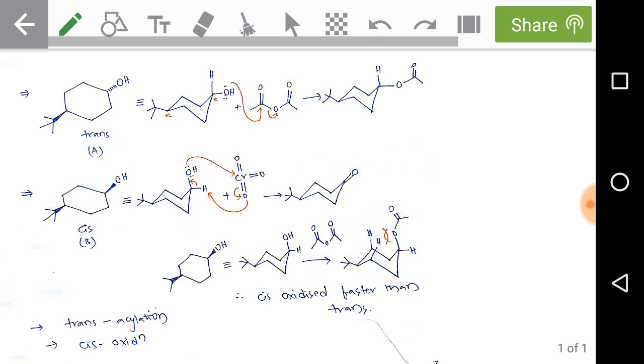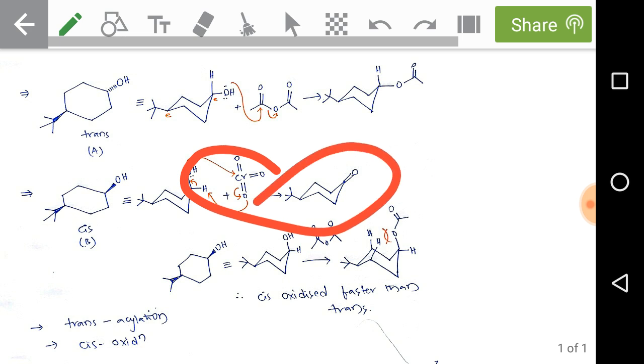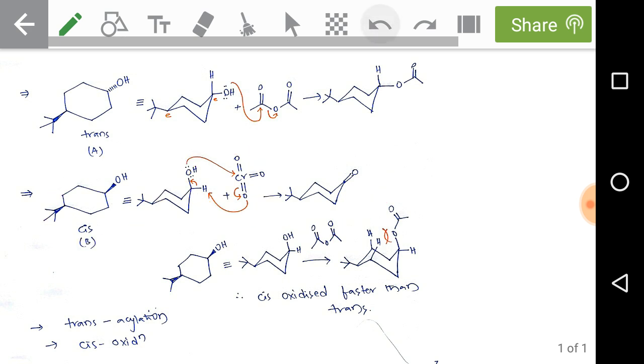In chair conformation, 1,4 cis groups on cyclohexane must be equatorial-axial or axial-equatorial. Here the bulky group must be equatorial, then the hydroxy group must be axial on chair conformation. Now the lone pair of electrons on the hydroxy group can attack chromium. That means oxidation is very easy on the cis form of this compound.